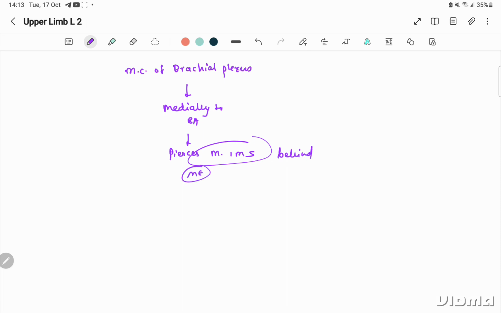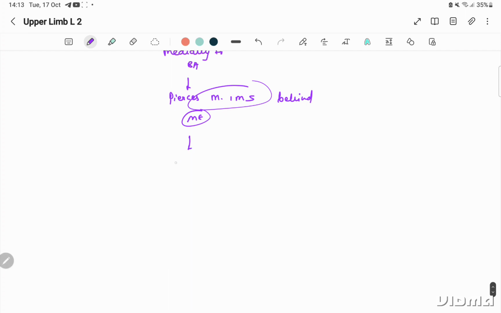Your radial nerve was reaching in front of the lateral epicondyle, but the ulnar nerve reaches beneath the medial epicondyle.